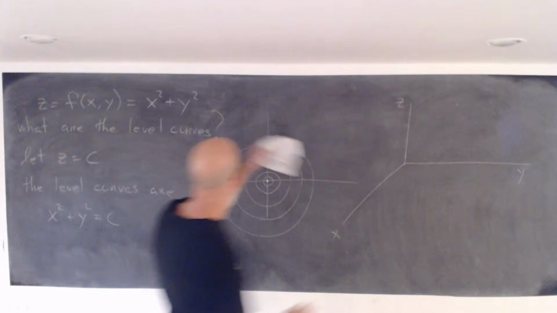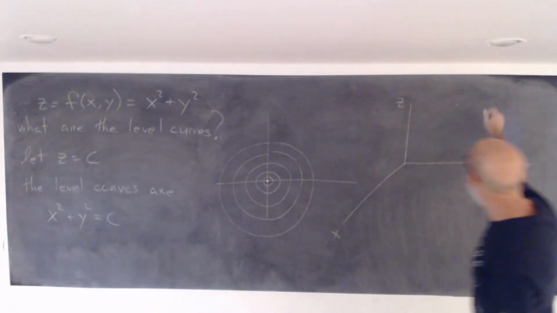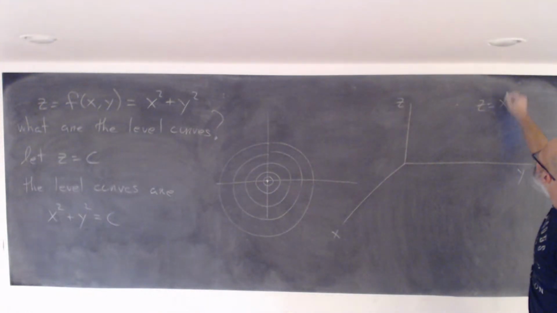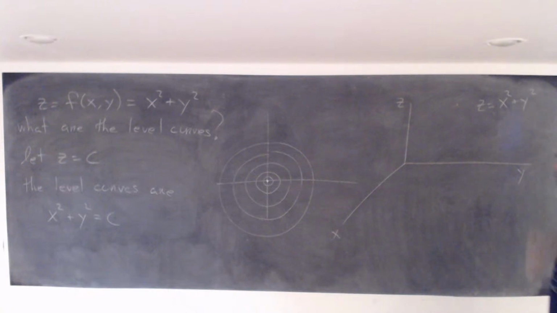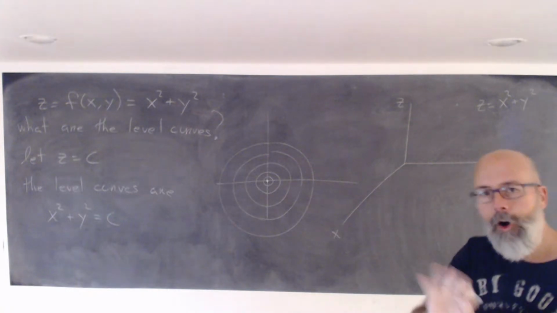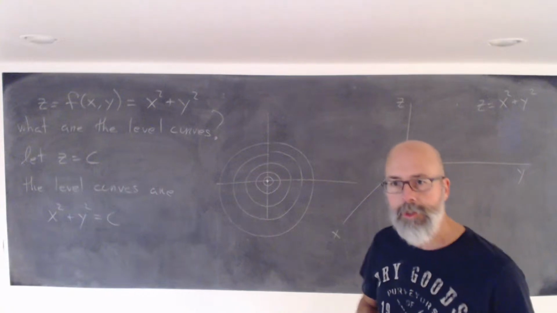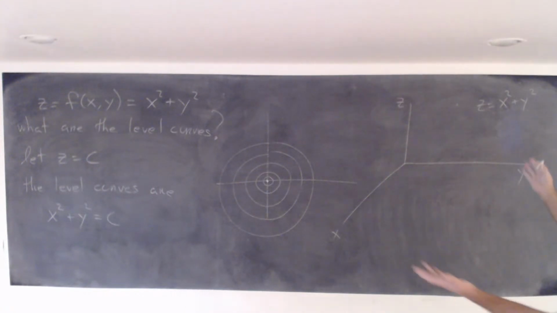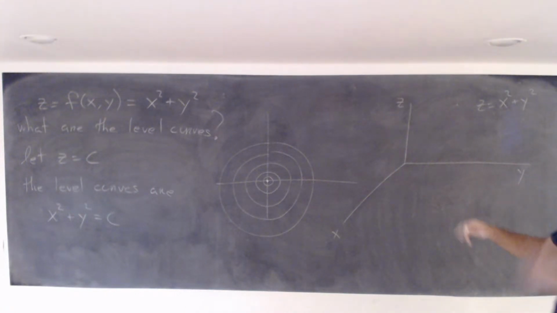Right, so now what we want to do is graph z equals x squared plus y squared. And we're going to graph it always in 2 dimensions, even though our graph is going to be in 3D. You'll see how we're going to do that. Take y to be 0.